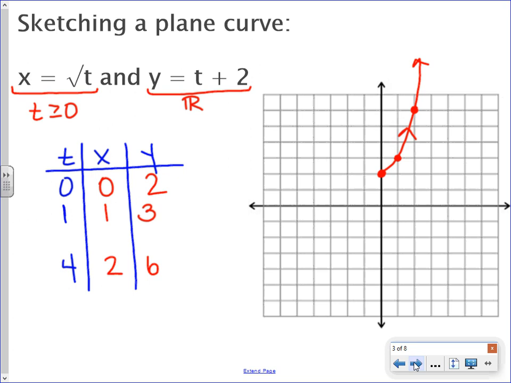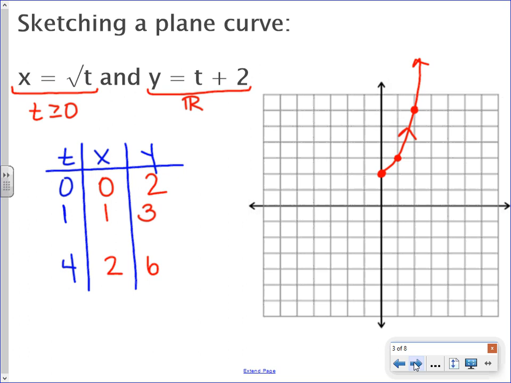Now, here we could eliminate the parameter using either the x or the y. But which one's going to give us a quadratic equation? Can you see it?